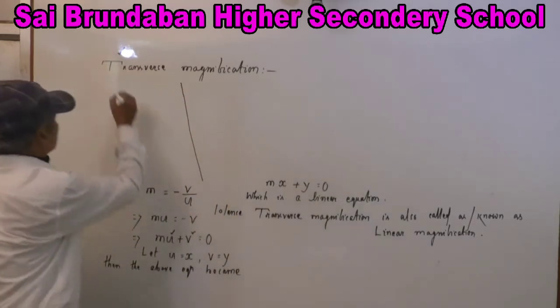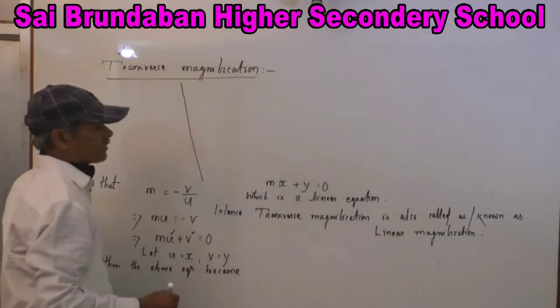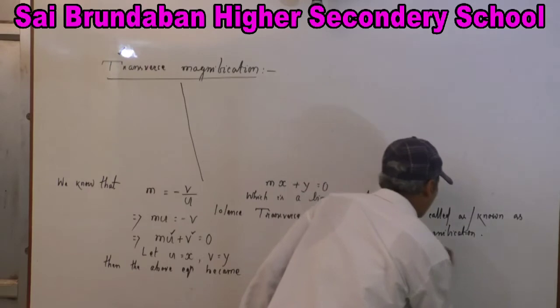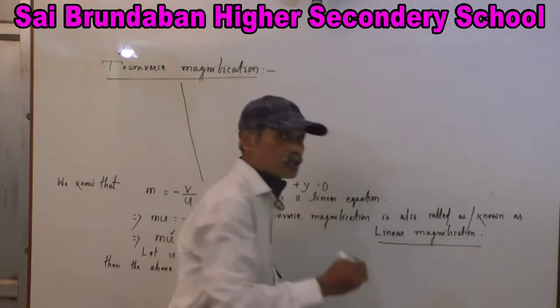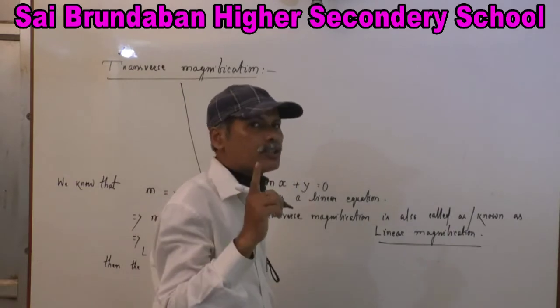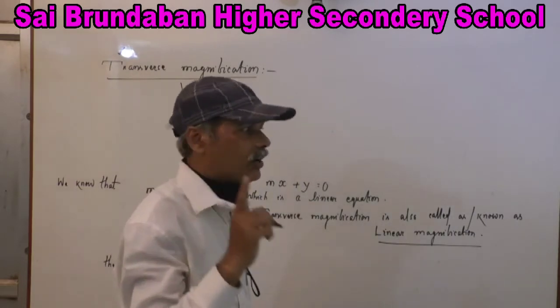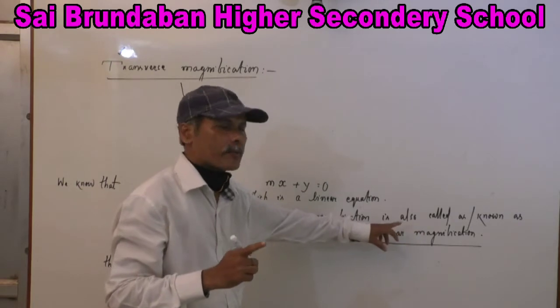Remember, transverse magnification is called linear magnification. Don't say that longitudinal magnification is called linear magnification.